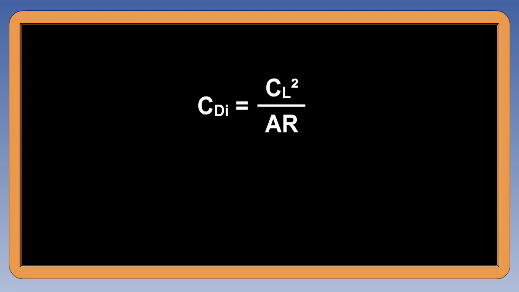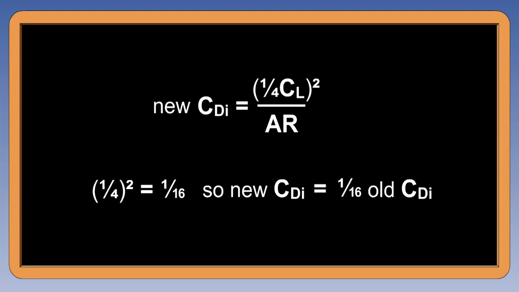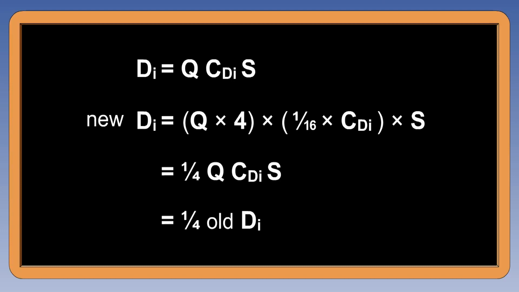If we apply 1/4 of the previous CL to the CDI formula, then the new CDI equals (1/4 CL) squared over AR. And as AR is constant, CDI equals 1/4 squared, or 1/16, of the previous CDI. If 1/16 of the previous CDI is applied to the induced drag formula, we get induced drag equal to 1/4 of its previous value.